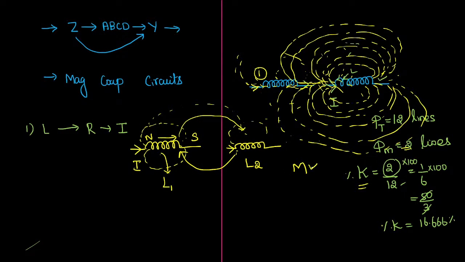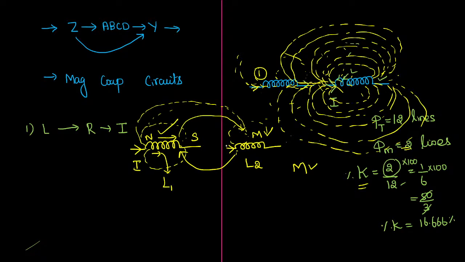Actually, what will happen is, the moment you inject the current through the first coil, some of the flux lines produced by the first coil will go and link with the secondary coil. During that, some mutual inductance will be developed in the secondary coil, but that inductance is created with the help of the current flowing through the first coil.